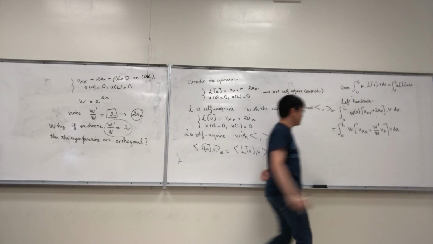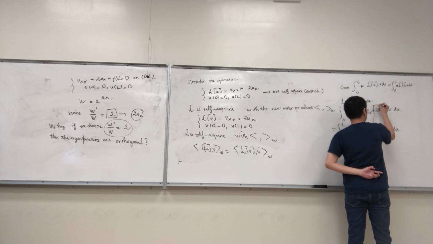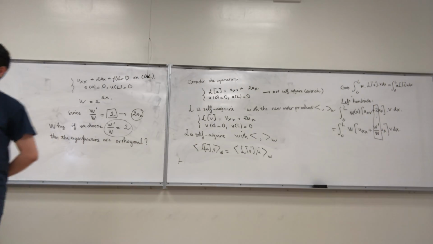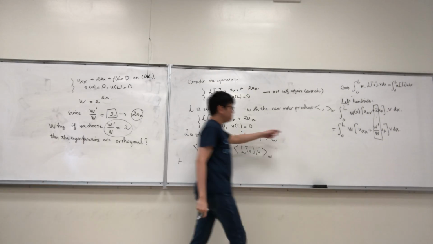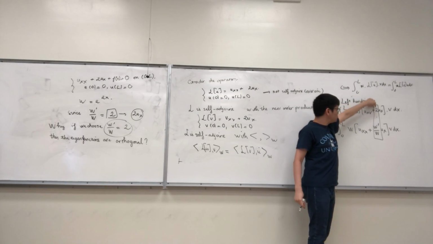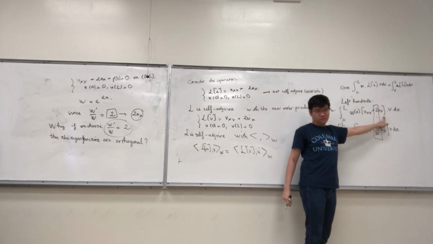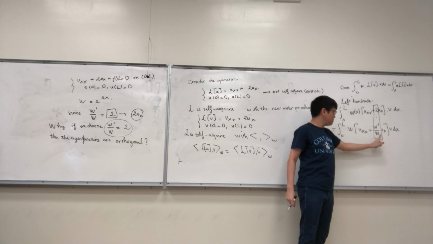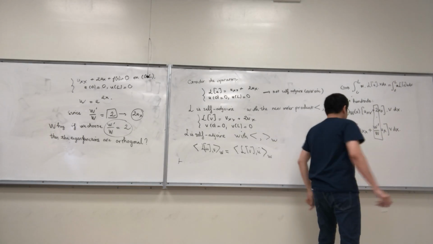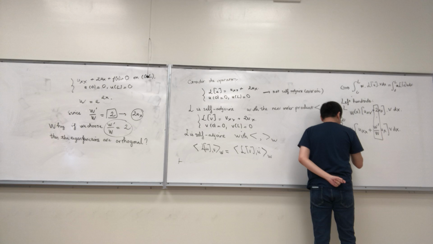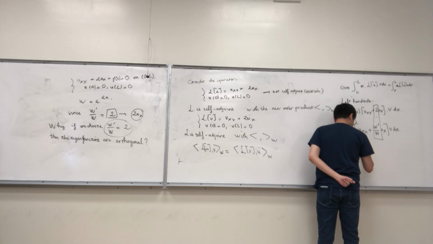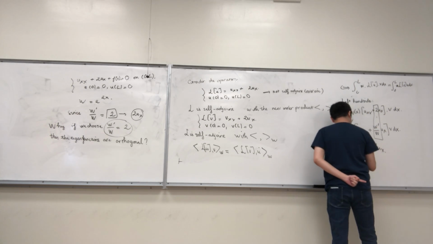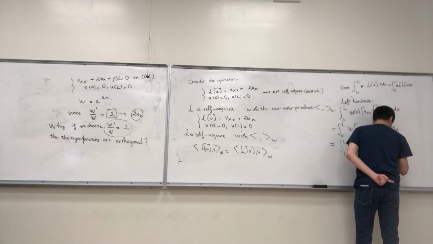So this is the key point: I have the 2 here. Now I'm going to replace 2 by W prime over W. So I get the integral from 0 to L of (W u_xx + W prime u_x) v dx.